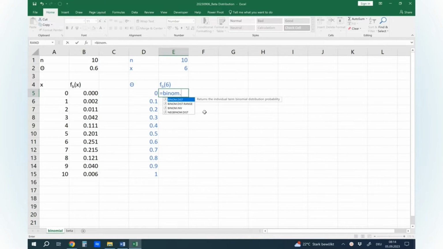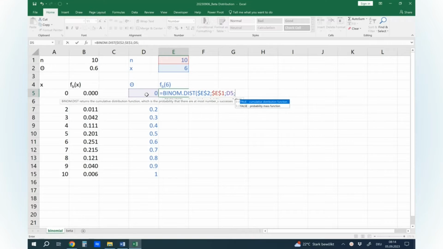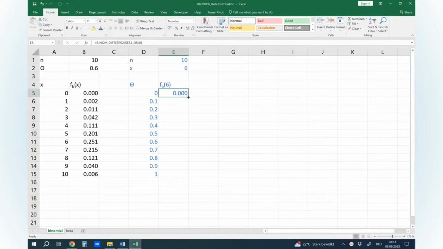This can also be done using the function BINOM.DIST, but this time I fix the number of successes to 6 out of 10, whereas I take the acceptance probabilities from column D. We find that an acceptance probability of 0 is impossible, as it would clearly contradict our observation of 6 acceptances.